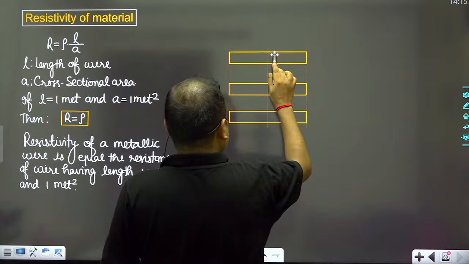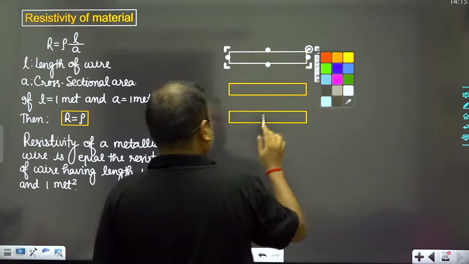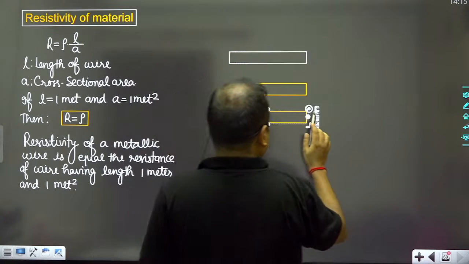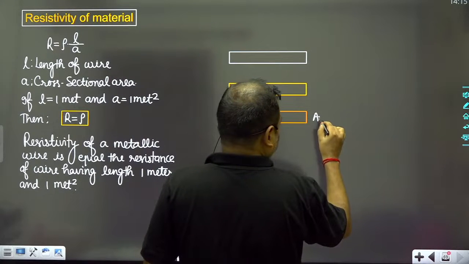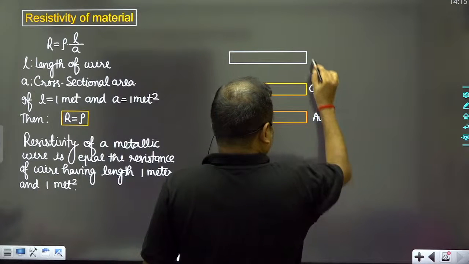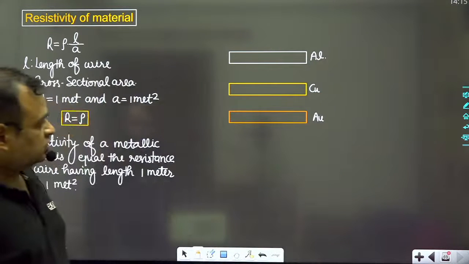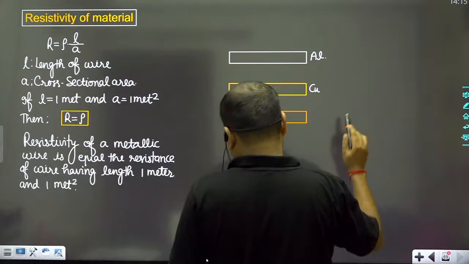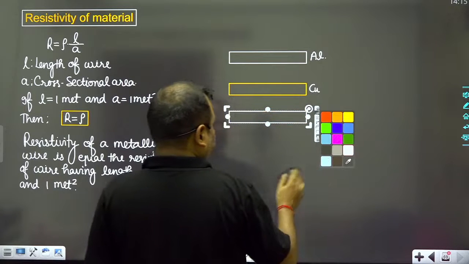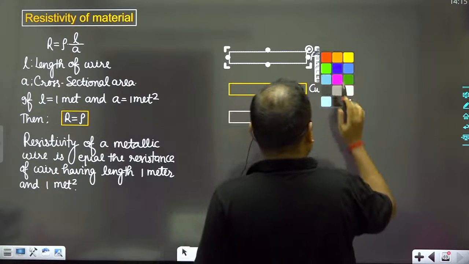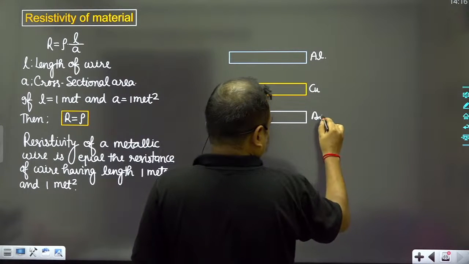Suppose this conductor is made of aluminum, this is copper, and this is made of silver, matlab chandi.